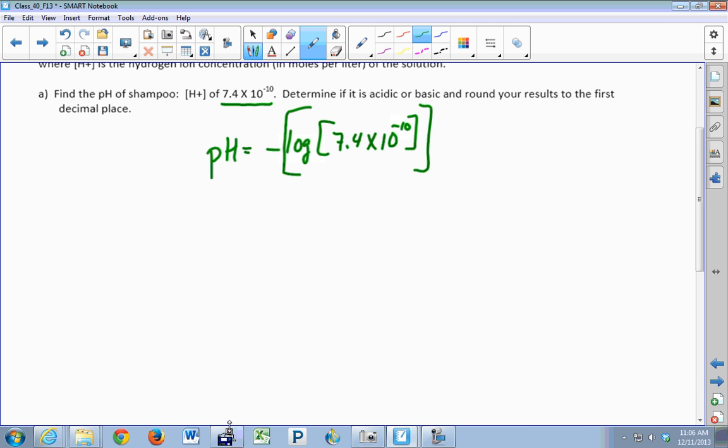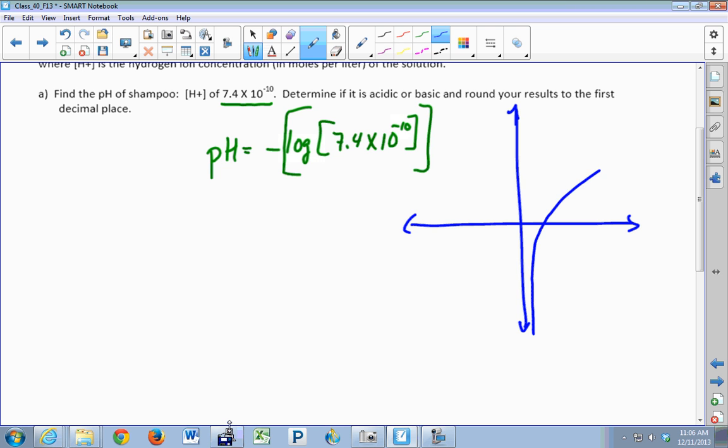So if you're taking the opposite of a log, what must this log be? What kind of number? If pH is positive and you already got a negative here, what kind of number must the log be? Negative, right? Think of your simple log function. Just like your parent function for x squared and your parent function for a straight line, your log function looks like this.